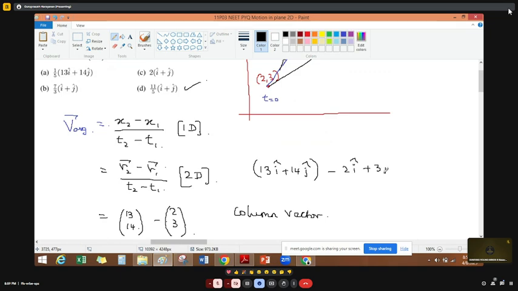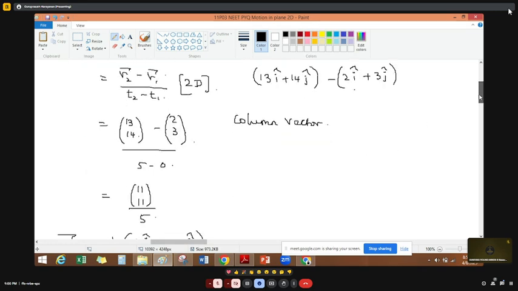Yeah, it's the same thing, but I prefer not to write ijk again and again. So it's whatever you are comfortable with. That means 13 minus 2 becomes 11, 14 minus 3 becomes 11. So it's the same thing. If you are confused with this, you can always use this.